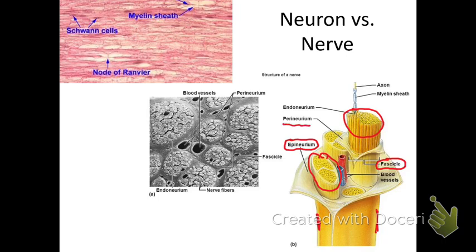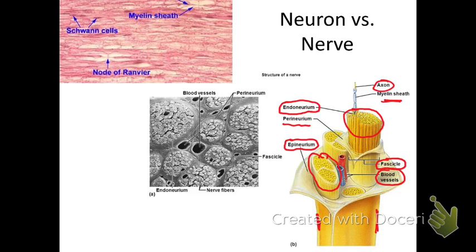And each and every individual axon is surrounded not only by the myelin, but also is surrounded by a thin layer of endoneurium. This is connective tissue. So it looks exactly the same. And in fact, for the same reason, those connective tissue layers provide a space for blood vessels to travel through.